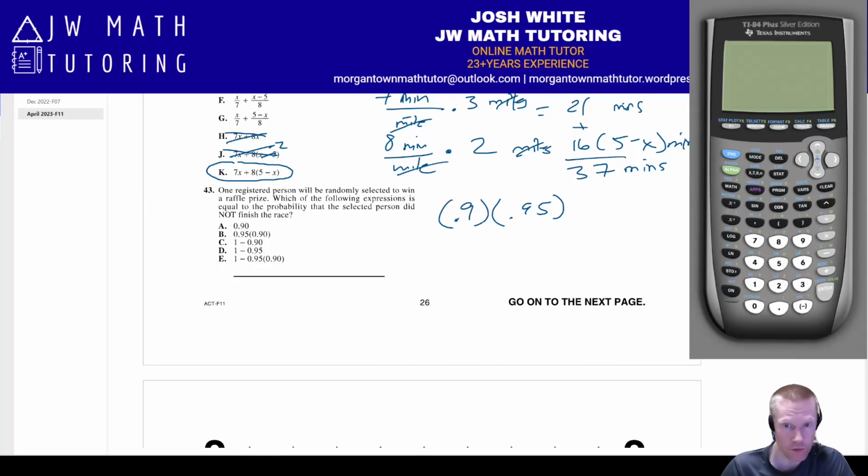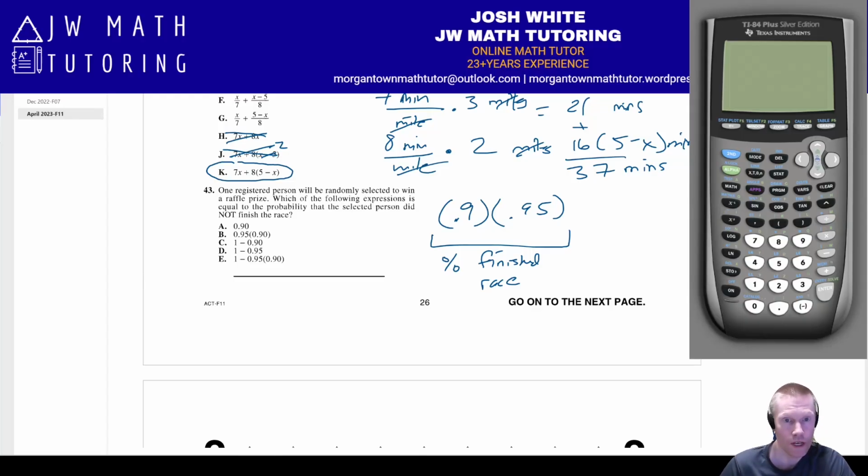So these two things multiplied together, this is the percent of the overall people that registered who finished the race. It comes out to 0.8-something. The reason I'm not multiplying it out is because in the answers, notice they're not multiplied out. So this is the percentage of people that finished the race.